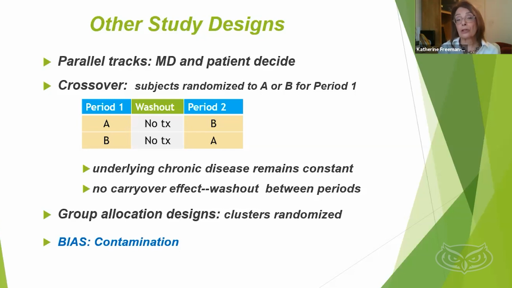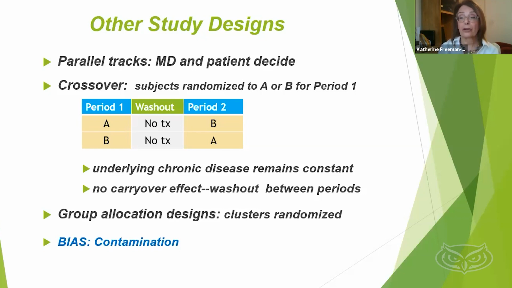And then if it's a drug trial, you have a period whereby the drug is washed out of the patient's system. And then in period 2, those who originally received treatment A are switched to treatment B, and those from period 1 who originally got treatment B are then switched to treatment A.